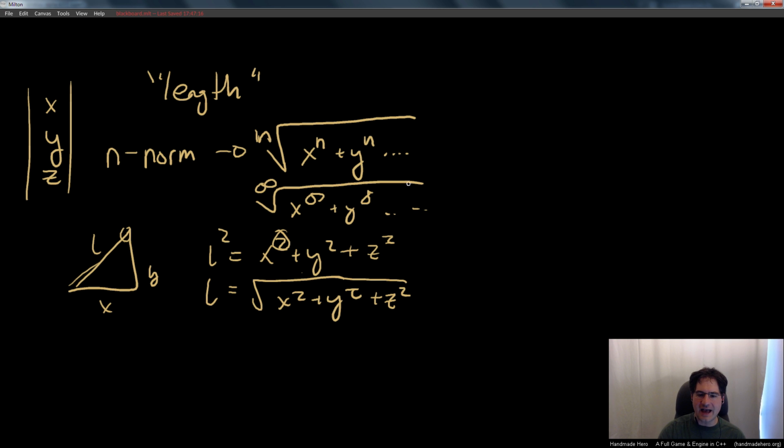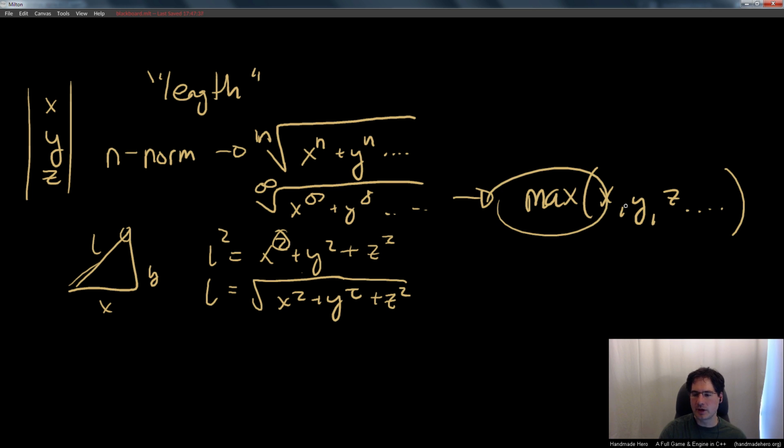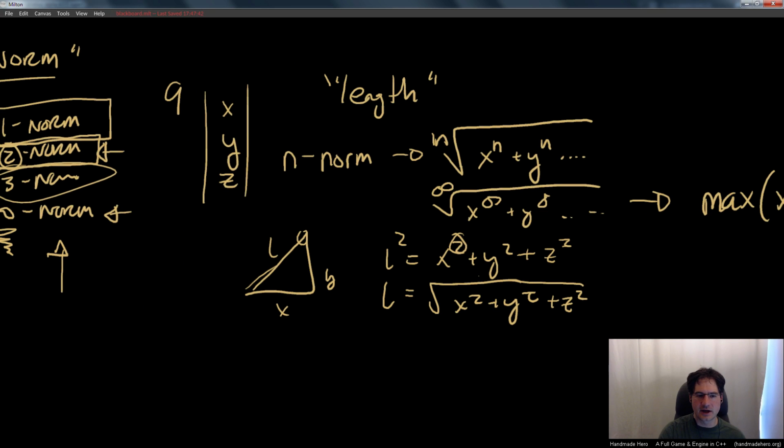So what this actually becomes is max of x, y, z, and so on. So the maximum component of all of your components is the infinity norm. So if I had a vector and it was 9, 10, 3, and I said, what's the infinity norm? Well, the infinity norm is 10. Because it's 9 to the infinite power plus 10 to the infinite power plus 3 to the infinite power to the infinite root.